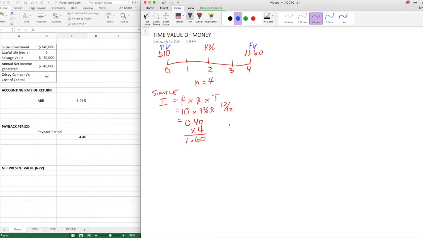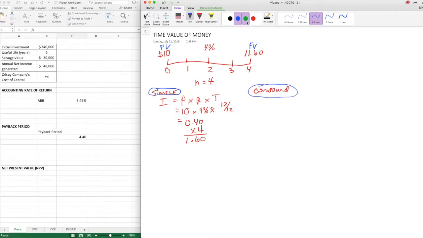Now, problem is, we don't often have simple interest. Simple interest is not the most common type of interest that you would find. What we normally find is an interest type that we call compound interest.